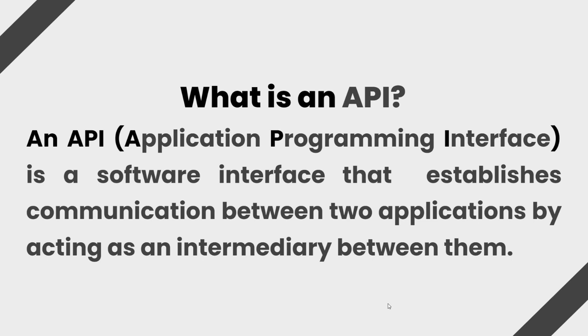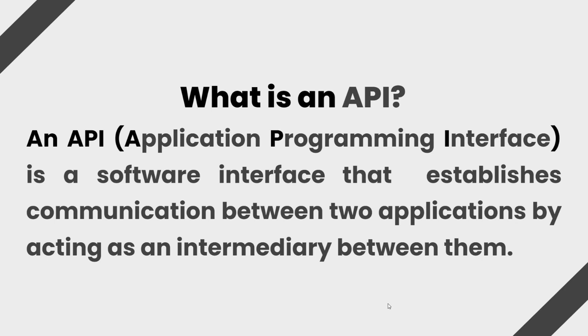So, you have one application, you have another application. Now, these two applications might want to communicate with each other, but they can't communicate directly. And because they can't communicate directly, there wouldn't be any communication established between them.